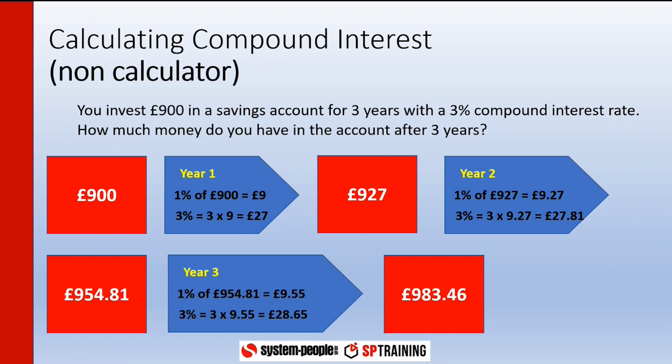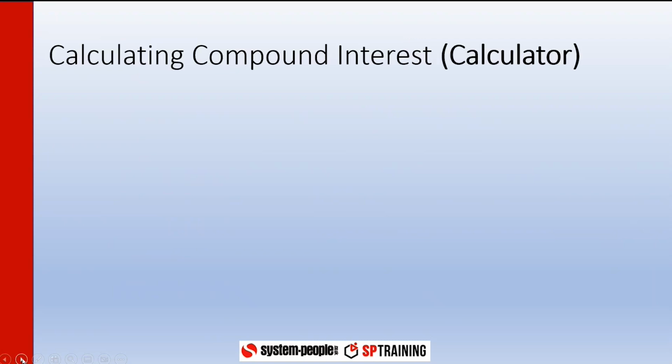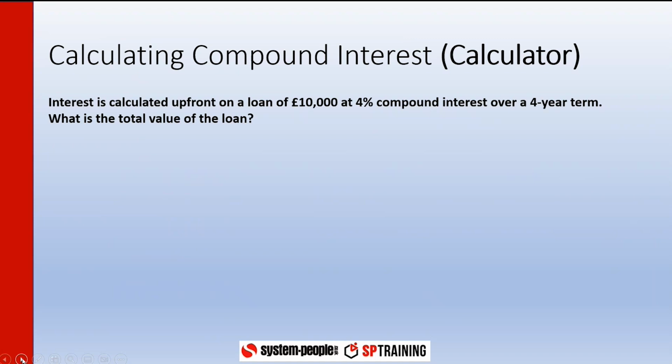But what happens if you get a question that is with a calculator? Well, you could do exactly the same way as we've just done, but with a calculator. But there is a formula that you can use. So here's another question.